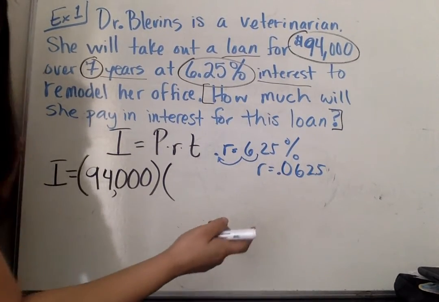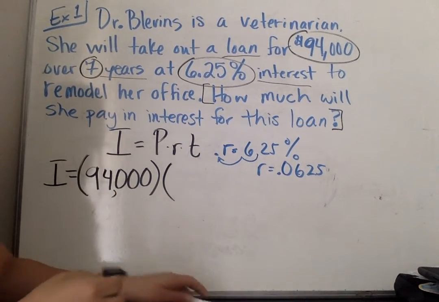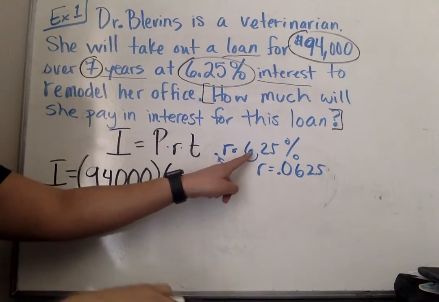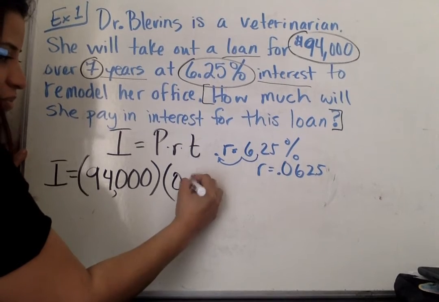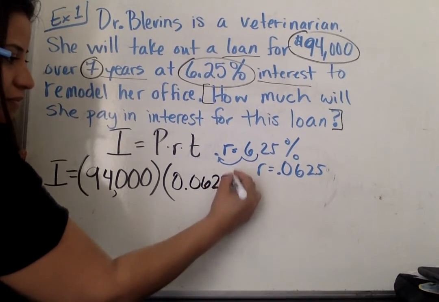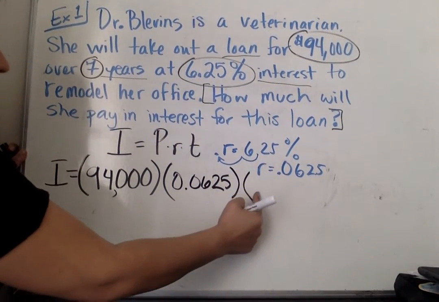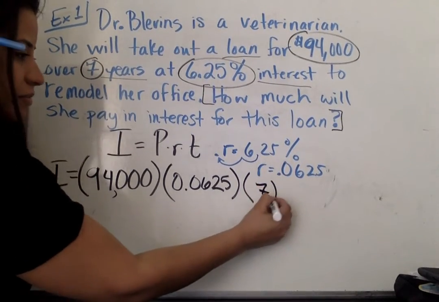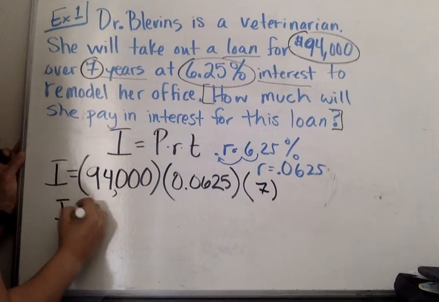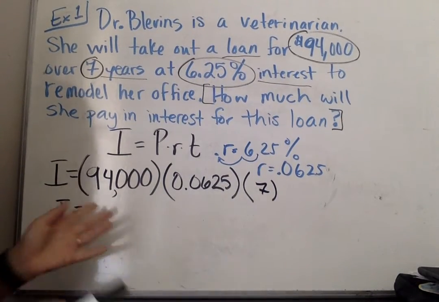0.0625. So down here, my rate is 6.25%. So for R, I'm going to put 0.0625. And then time, well, it's 7 years, so I'm going to put 7. Okay, so write all that down.